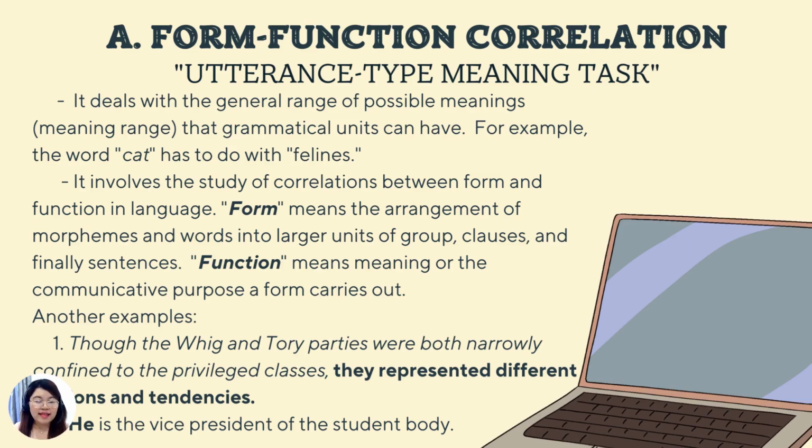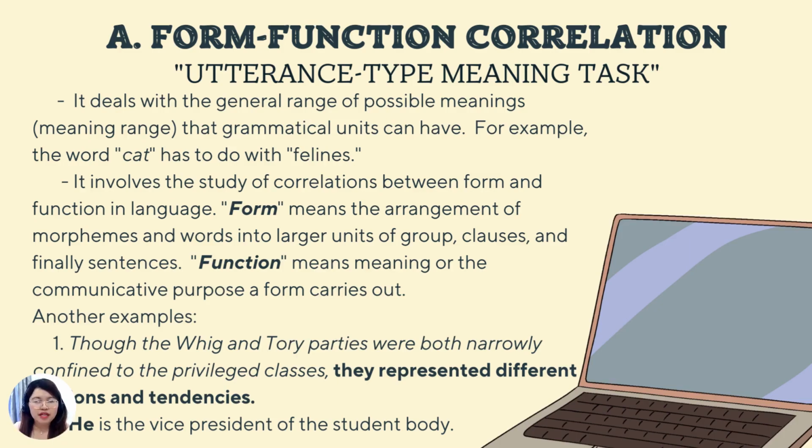Now, function in language has a lot of communicative purposes based on form. It can be assertive, asserted or unasserted, a positive claim or an affirmation. It can also be negation, or it can also be interrogative, a command, or a request.